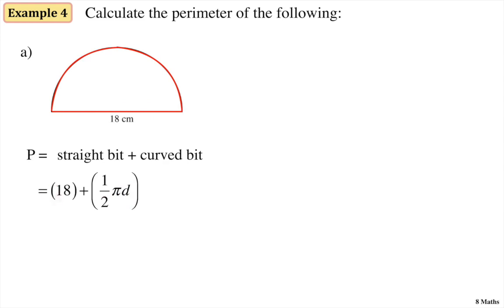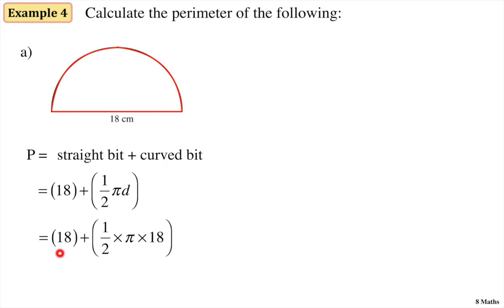You also notice I put brackets here. You don't need to do that, but I do that often because the first bracket means that's the straight bit, and the second bracket means that's the curved bit, and there's a plus sign between them, so I just at a glance know that they're two separate parts of working out. So my 18 is easy. A half times pi times the diameter is 18.